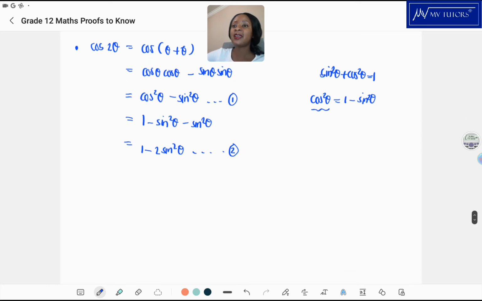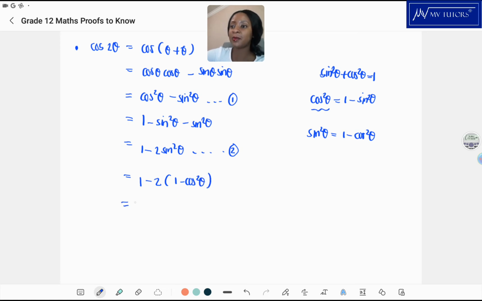Okay, now I also know that sine squared theta is equal to 1 minus cos squared theta. So I would substitute it in this. I have 1 minus 2 times (1 minus cos squared theta).